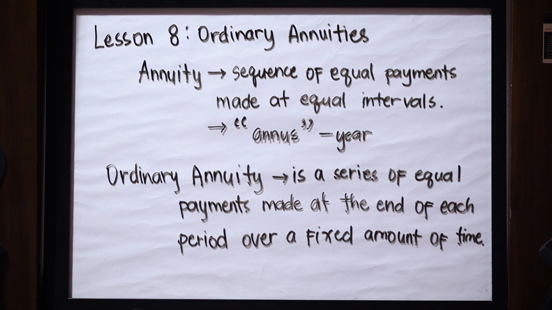So an annuity, by the book, is defined as a sequence of equal payments made at equal or fixed intervals or periods of time.